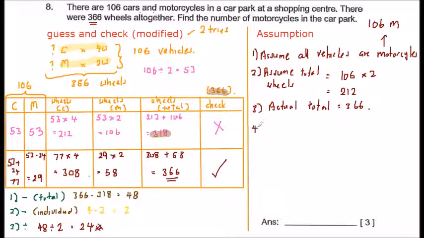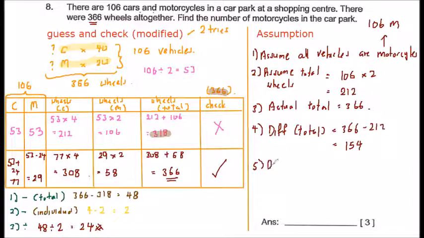Step number 4, what is the difference in the total? So difference in the total, isn't it 366 minus 212? We will have 154. Okay. Then next, step 5, right?